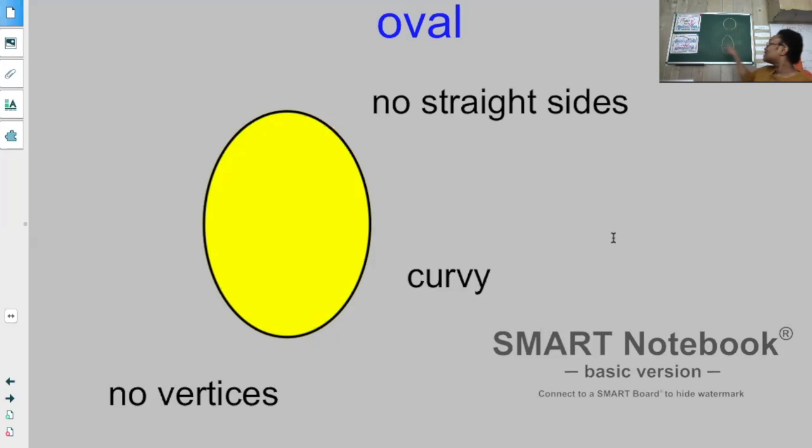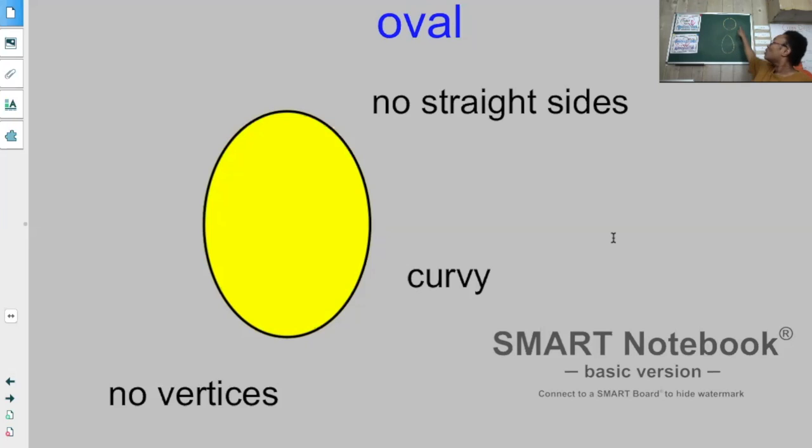Now, because these two shapes do not have straight lines, what do you remember about the circle? Did the circle have any corners? Well, they didn't, because there are no straight lines. And in order to have a corner, you have to have those two edges meet to form that corner. Well, our oval doesn't have straight sides, so it means there are no vertices or no corners.